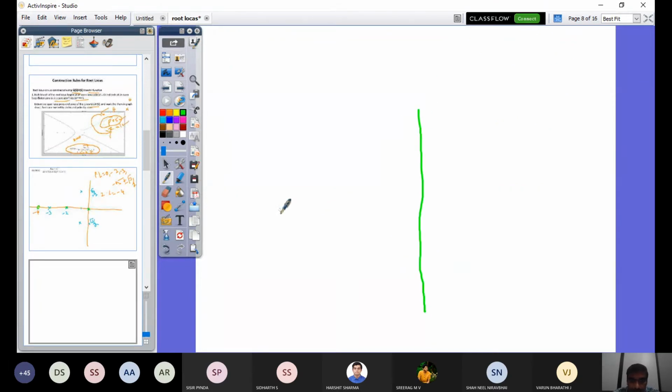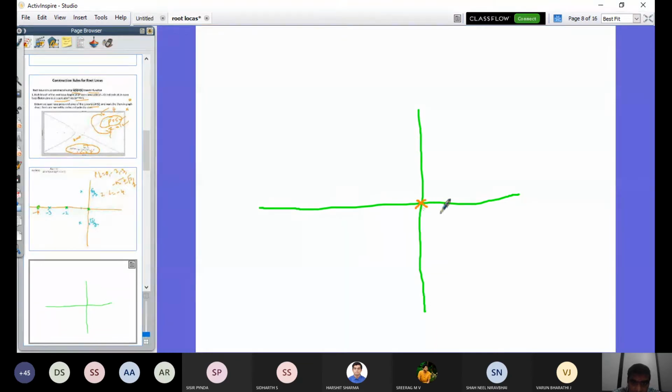Please listen carefully. One pole lies at the origin, another pole is at s equal to -2, another pole at s equal to -3, and a zero at s equal to -4. These are the poles and zeros. You need not worry about the complex poles; consider only the real axis poles and zeros.